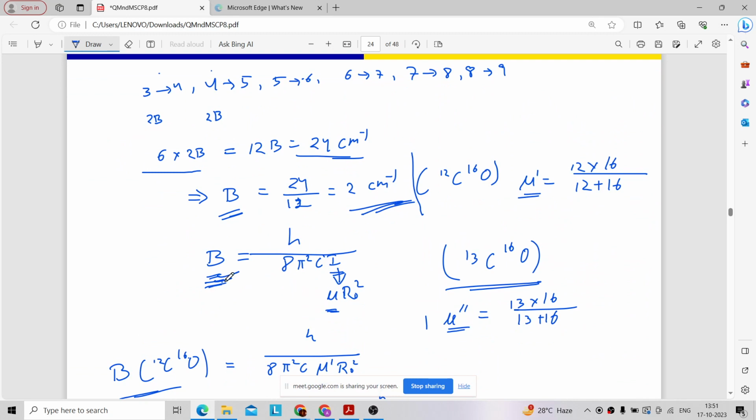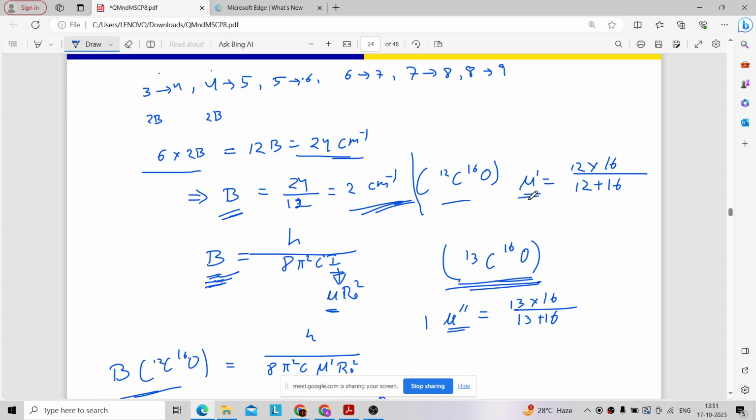Now we know for these two molecules, the separation is already very small. So the change due to this isotopic substitution in the radius will be very negligible. So we are neglecting the change in radius, and we are considering r0 is the same for both molecules.